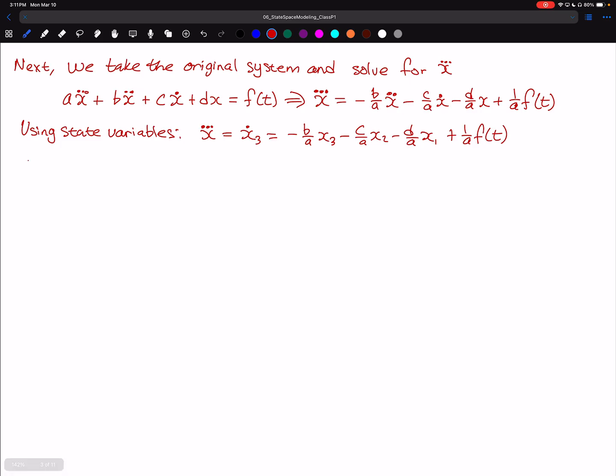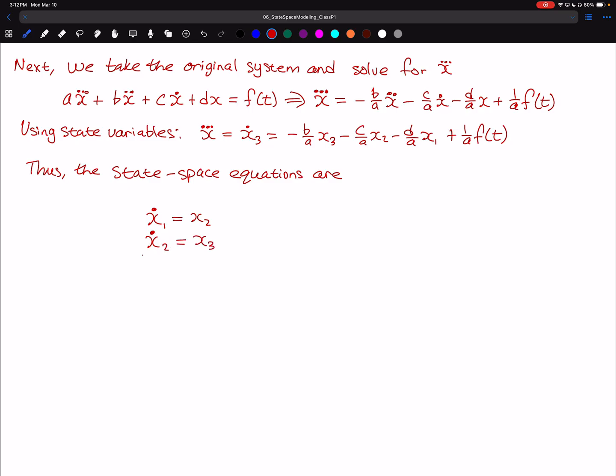All right, then thus, the state space equations are: first we get x1 dot, and that's equal to x2. Then we get x2 dot equal to x3.